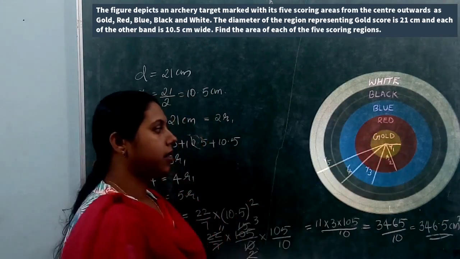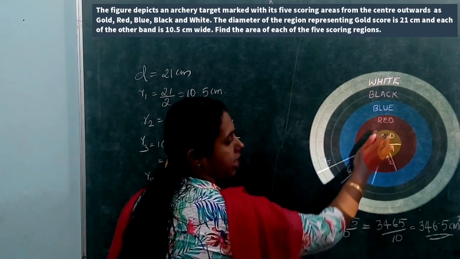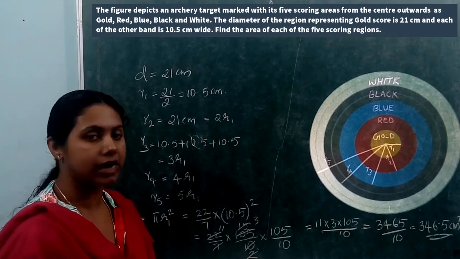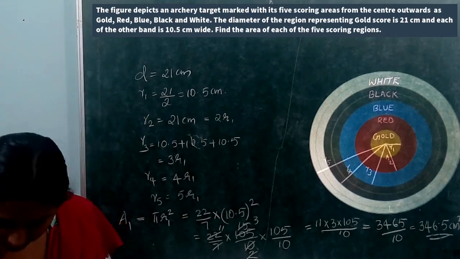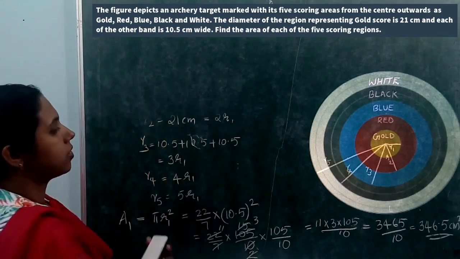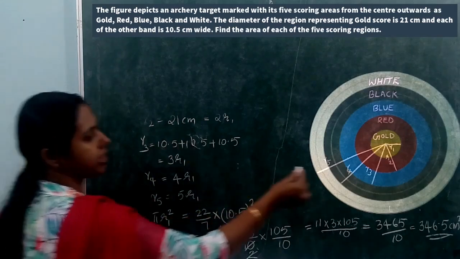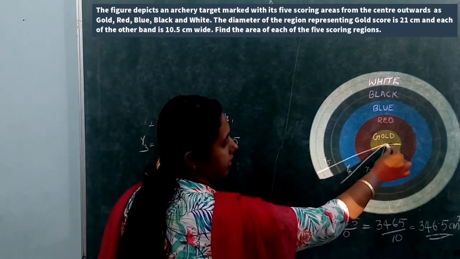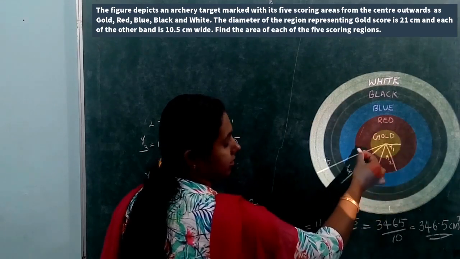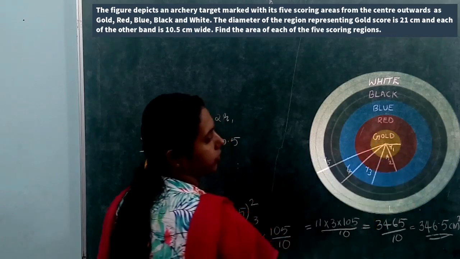That means the area of the whole region minus area of the gold region, you will get the area of the red region. So for finding the area of the red region, the radius of the big circle is equal to R2.